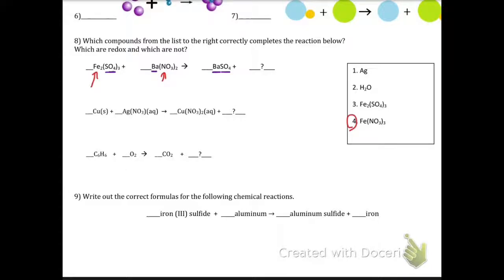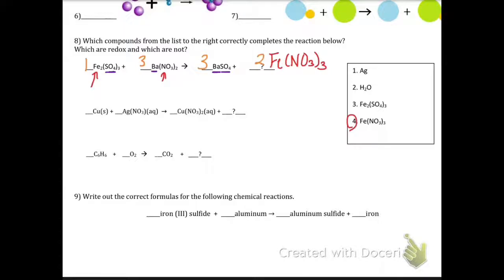So I'm going to write here that it was FeNO3, 3. All right, if you had time to balance this, then what I would do is just give you the answers here. This would have been 1, 3, 3, and this would have been 2.